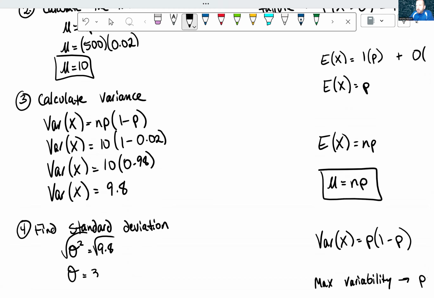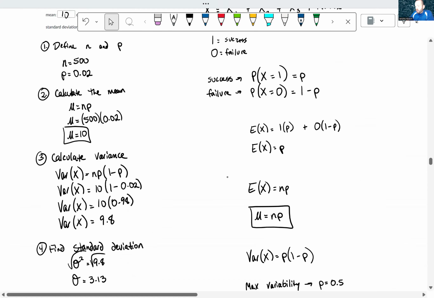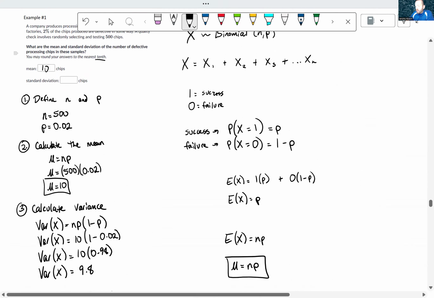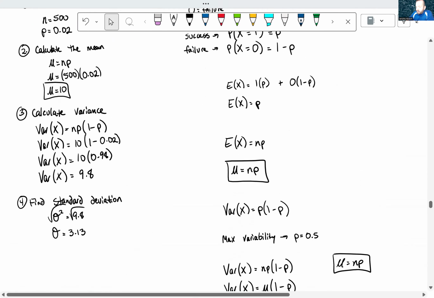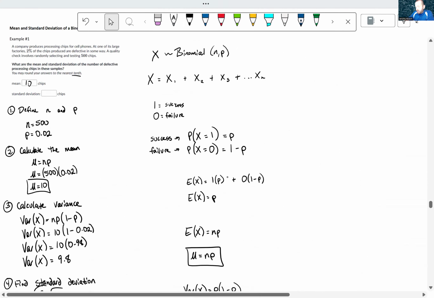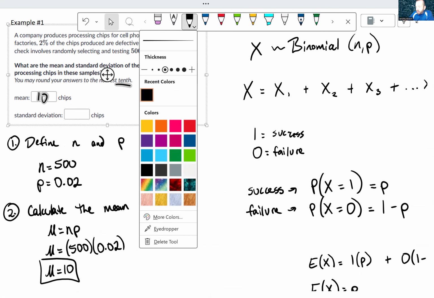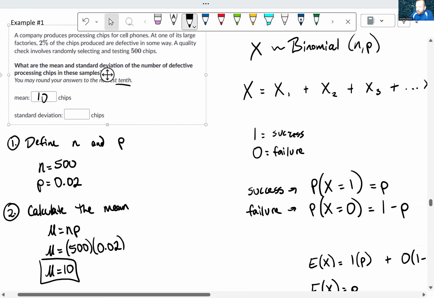And I got approximately 3.13. And it looks like they're asking us to round to the nearest tenth in this problem. So we'll write standard deviation is 3.1. Okay, so it has a mean of 10 with one standard deviation of 3.1, or we can say plus or minus 3.1.